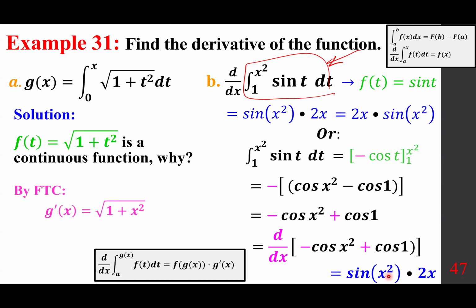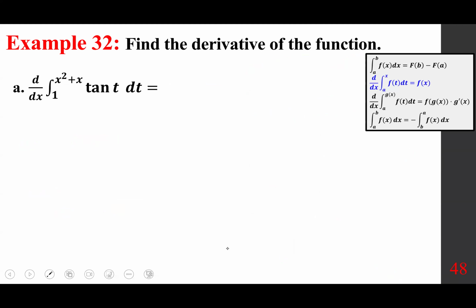So to recap, if you're taking the derivative of the integral from a to x of f of t dt, it just becomes f of x. But if you're taking the derivative of the integral from a to g of x, then it's f of g of x times g prime of x. Same thing here. We want to take the derivative of the expression, and this is not x, this is a function of x.